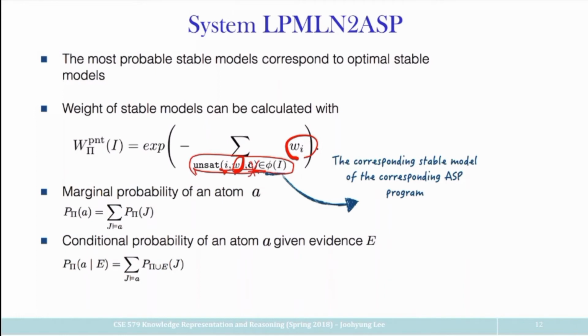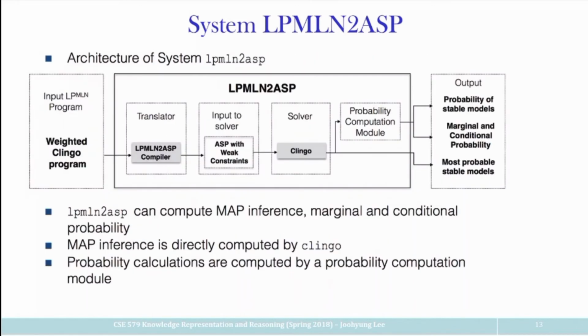The point is you can compute the weight of the interpretation, a slightly different version of weight, the so-called penalty-based weight. After that, you can compute the probability in the same way. The marginal probability is just adding up all those probabilities, and conditional probability is also the same. That's actually the whole idea of this system.